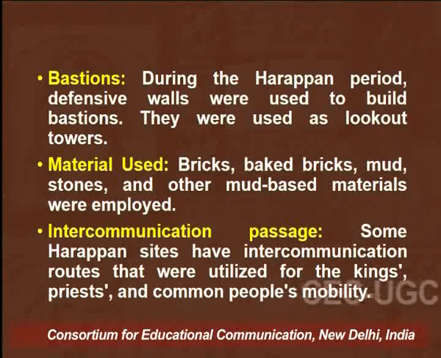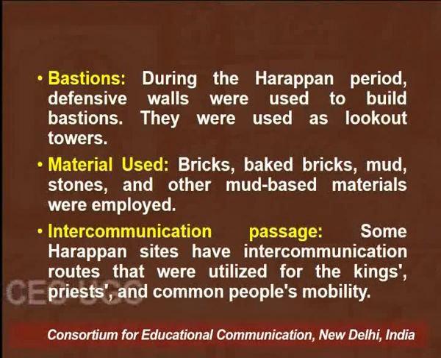Then some other important features that one can talk about in terms of architecture was bastions. During the Harappan period, defensive walls were used to build this structure and they were used as lookout towers. Again, this could have been to keep an eye on the trading activities going on in the area or also to keep an eye on the defense mechanism.